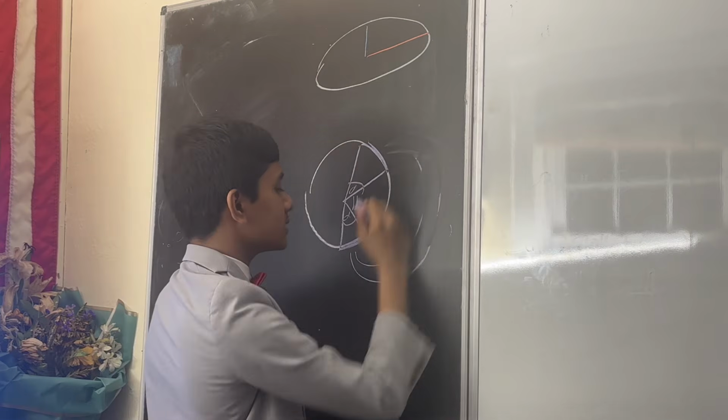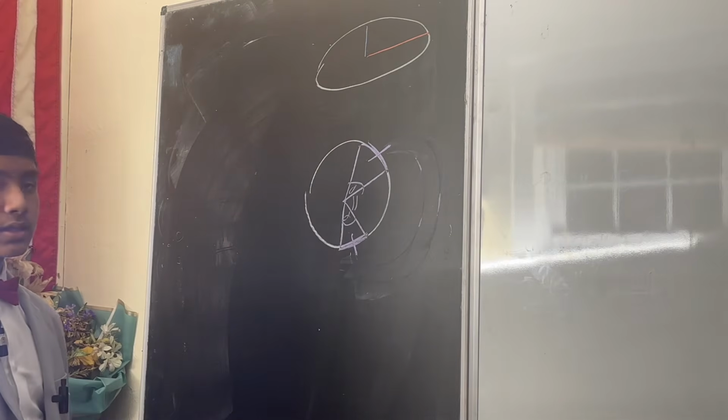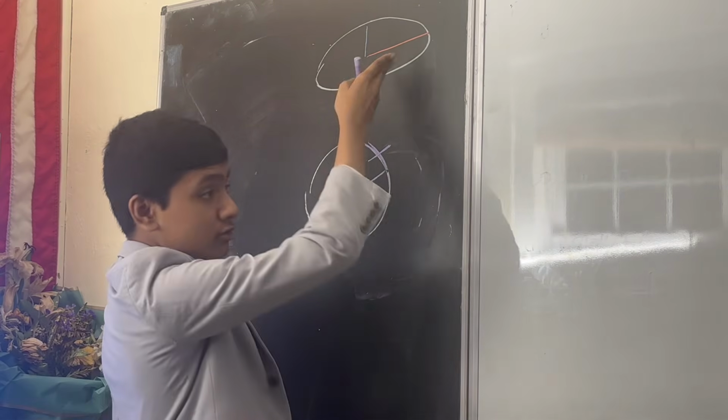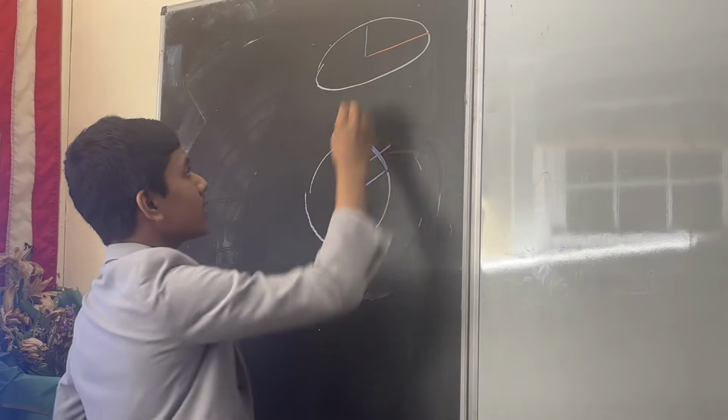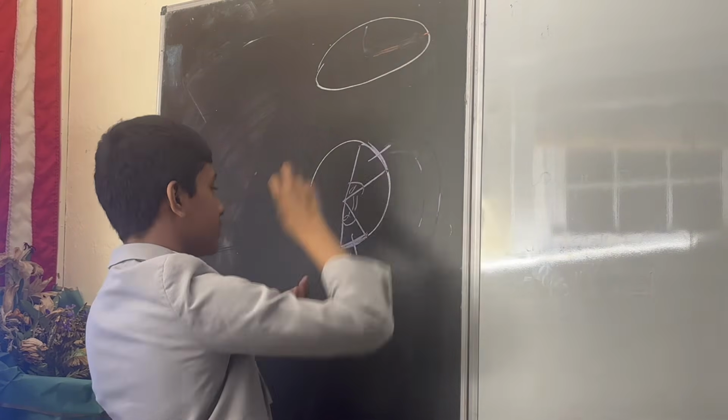I'm now realizing that it's probably better to rub them. So that is not true with the ellipse, obviously. If this, oh well, it is, no, it's not even true with 90 degrees.